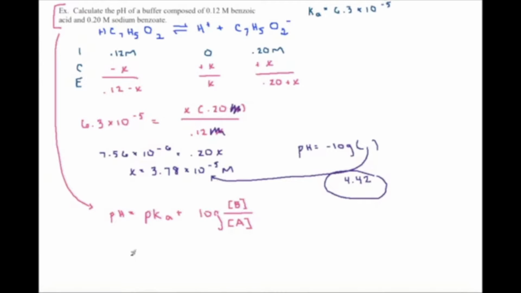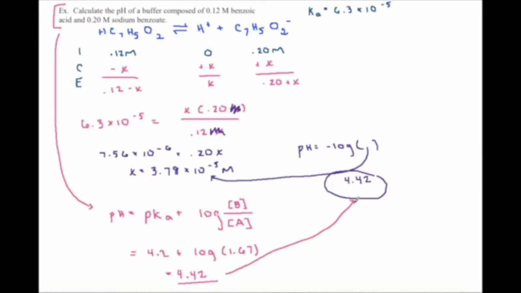So my pKa, the negative log of 6.3 times 10 to the negative fifth, is 4.2, plus the log of my concentration of my base divided by my concentration of my acid, and that ratio is actually 1.67. And so when I solve for the pH, I end up with 4.42, which is exactly what I got there. So you can do it either way.